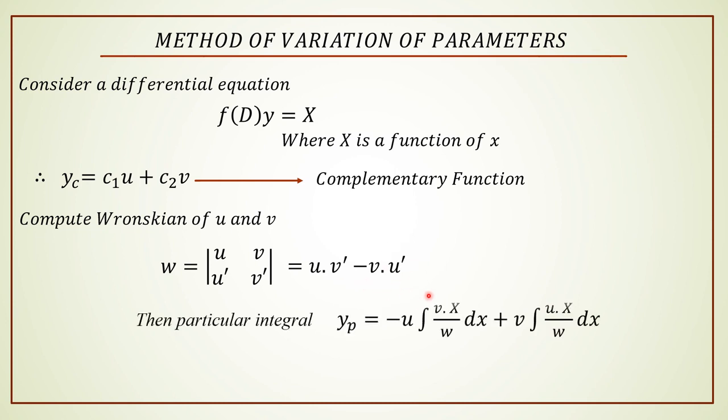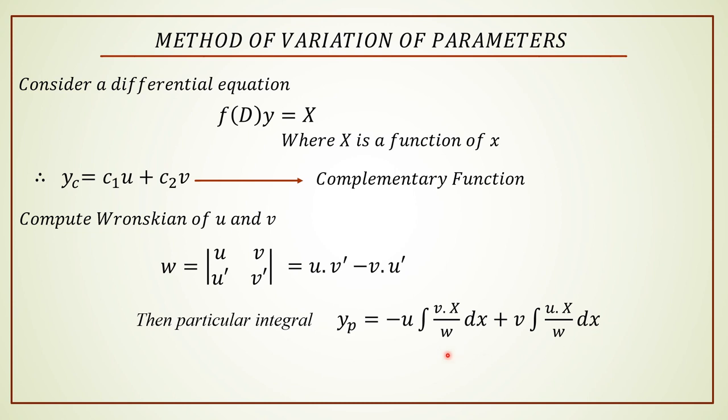Then the particular integral of the given differential equation can be calculated using the formula yp is equal to minus u into integration of v into X, where capital X over here is a function of x alone, divided by the Wronskian, and the integration is with respect to x, plus v into integration of u into X divided by the Wronskian, and the integration is again with respect to x.